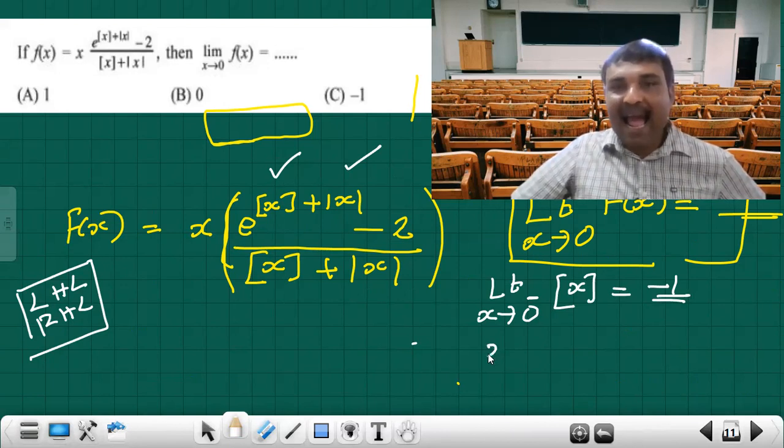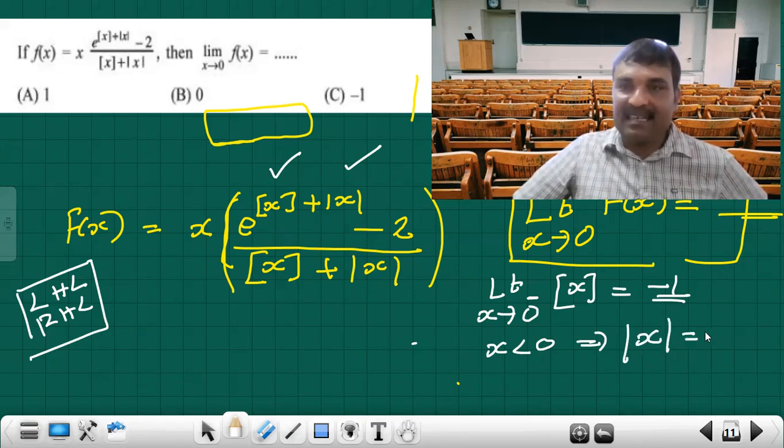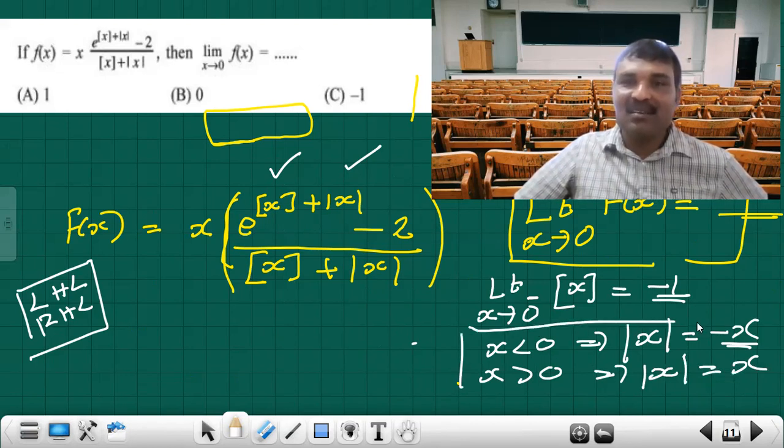And for x less than 0, we know the modulus function mod x is equal to minus x, right? And for x greater than 0, mod x is equal to x, right? So this is the condition on mod x for x less than 0 and x greater than 0.